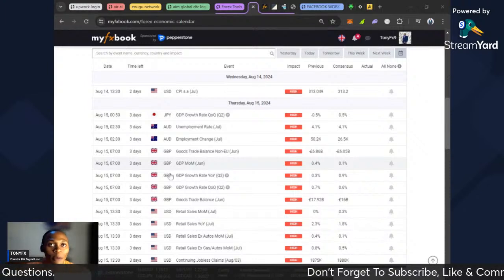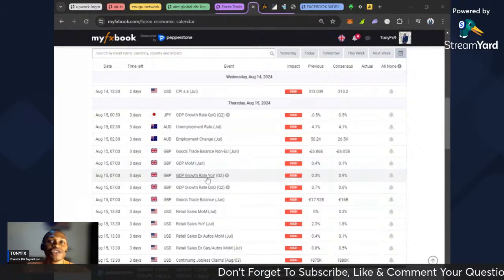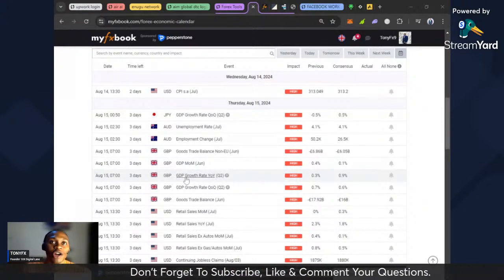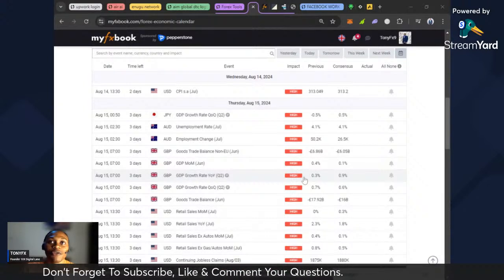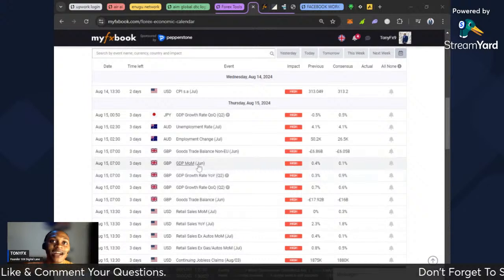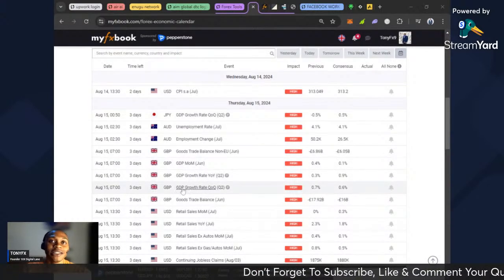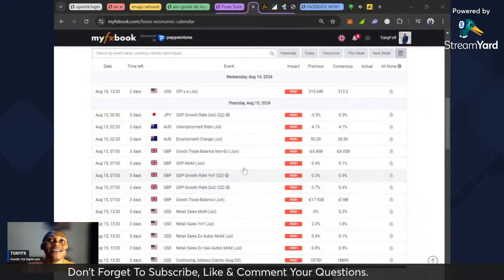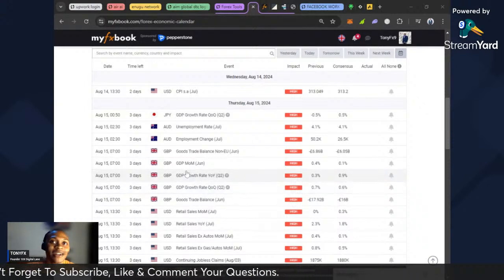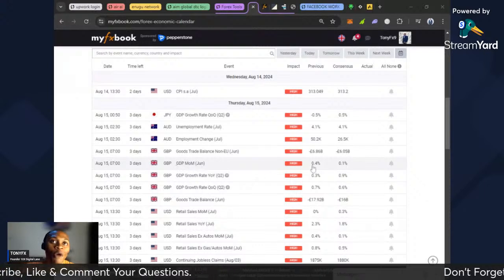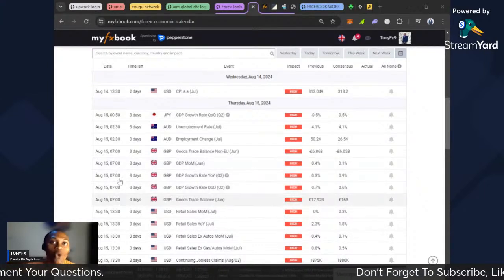Then we have GDP growth rate year over year for Great Britain pound, and the growth rate year over year is a derivative of this month over month. This also, GDP growth rate quarter over quarter, is all a derivative, quarter two. So we'll be more interested with this month over month result, okay, by 7 a.m.